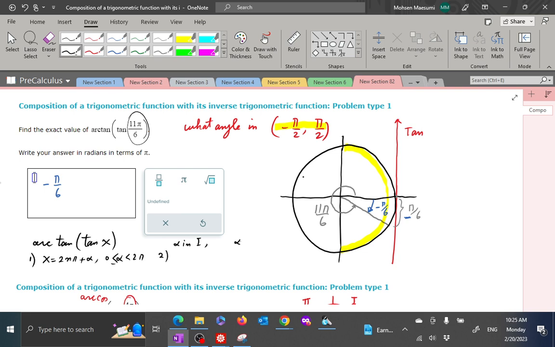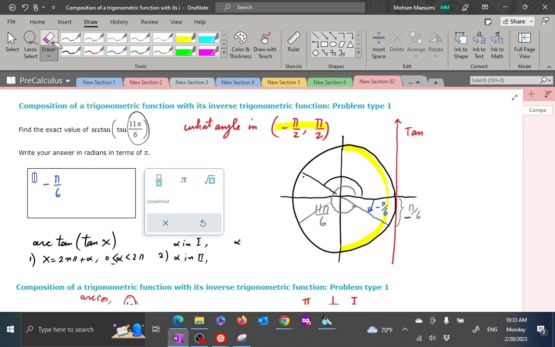If your angle happens to be in quadrant 2 or quadrant 3, sorry, let me make a correction here.